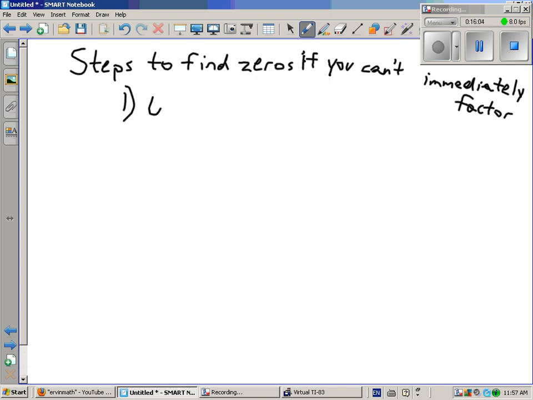First thing you want to do is use the rational zeros theorem to find candidate points or possible zeros that you would be choosing from. So I'm just going to call that a list of candidates.